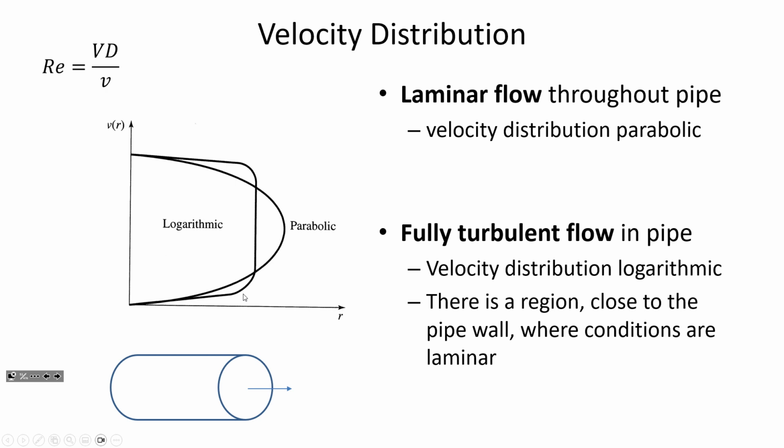When there's a lot of random interaction between fluid particles and the edge wall, the distribution can be described as more logarithmic. And even among the logarithmic, it may be that at one part of the pipe, at one moment the velocity is a little lower, then it's a little higher.